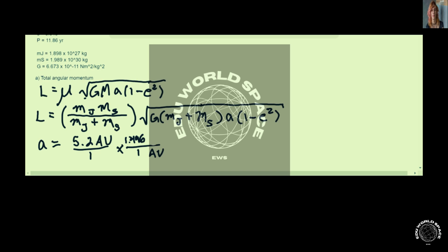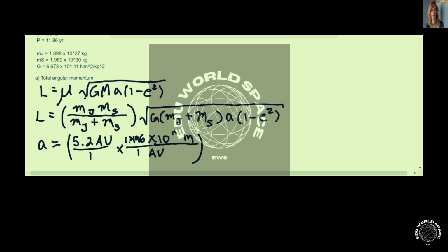So that's going to be part of our calculation as well. When we plug in A, we're not going to plug in 5.2. We're going to plug in 5.2 times 1.496 times 10 to the 11th in there.